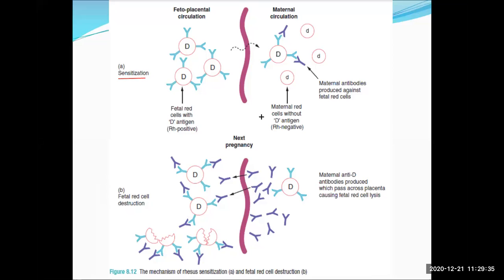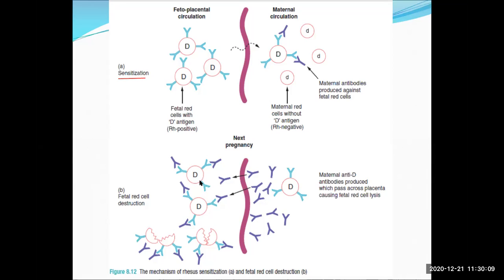But if nothing happens earlier, then at the time of birth there is definitely mixing of fetal RBCs into the maternal circulation. Now, what will happen in the next pregnancy? This is important. The mother is ready with a lot of antibodies, and these are IgG type antibodies. They can clearly cross the placenta. So if the next baby is also Rh positive, these antibodies from the mother will cross the placental barrier and reach the baby's circulation.